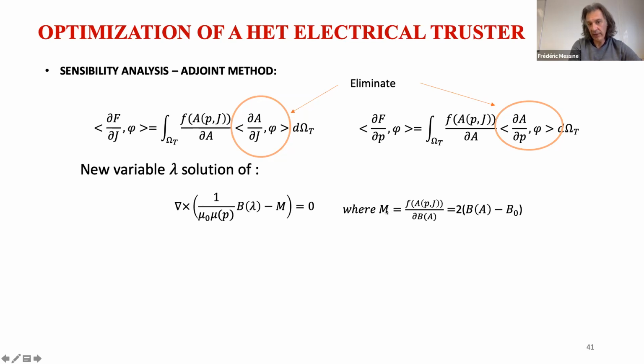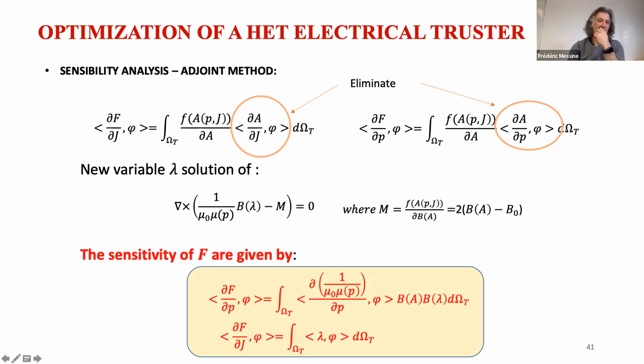Where M is the magnet, which is the difference between B and B0 in a particular region. Okay. So the sensibility is given by this. So at the end, you just have to derive your mu function, but it depends if you are in a linear case, it's quite easy, of course.